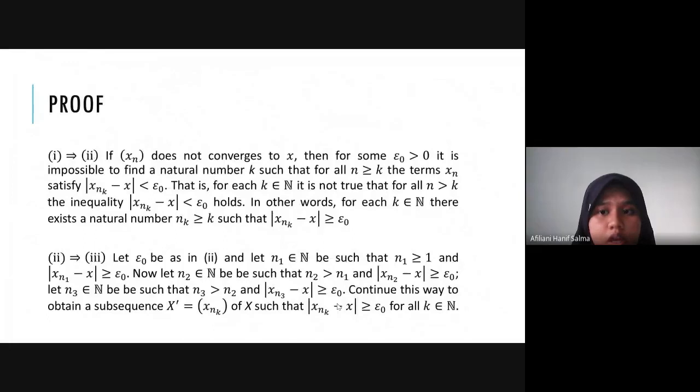For the proof, from the first to the second: if x_n does not converge to x, then for some epsilon_0 greater than 0, it is impossible to find a natural number k such that for all n greater than or equal to k, the term x_n satisfies the absolute value of x_n minus x less than epsilon_0.